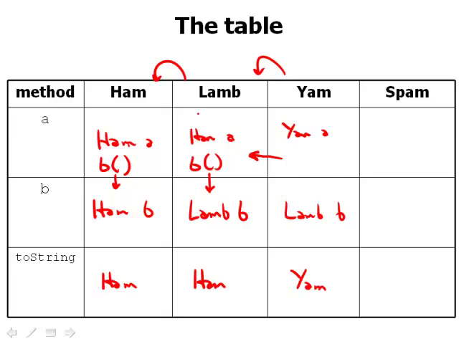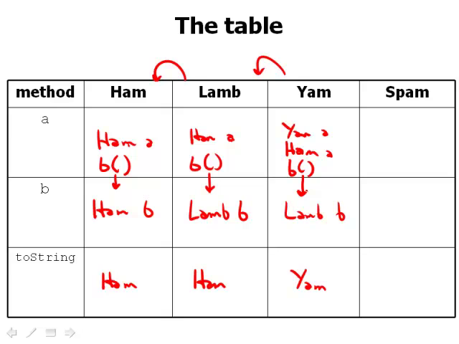So that's this output right here. So basically I can copy that over. I can say yam A, ham A, and then a call to the B method. And again, in this case, it's going to call the B method from this object, which is going to print lamb B. So actually, you get 3 lines of output if you have a yam object and you call A on it. You'll see yam A, ham A, lamb B. That's going to be the full output of that method.